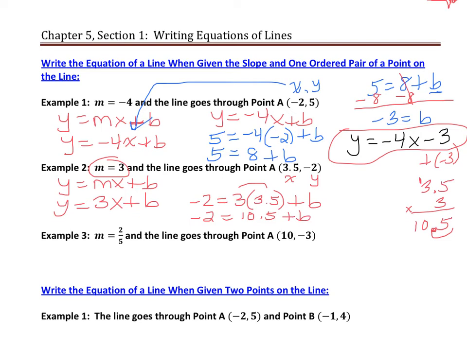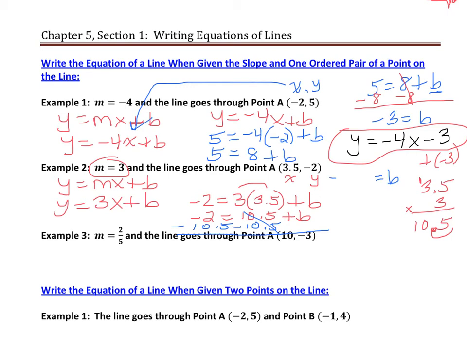Go to the unknown, go directly to the unknown. Look what's around that unknown b. We're adding 10.5, or 10 and 5 tenths. So we've got to undo that with subtraction. And I'm sorry, this got a little messy. So that's going to cancel. And what we have here is b equals, now we've got -2 minus 10.5.